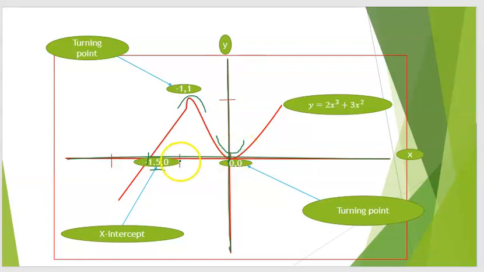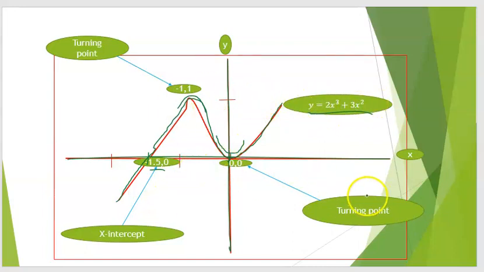So what you do now, you take your pen or pencil with a steady hand and a smooth line, pass it through the x-intercept, let it go through the turning point, bring it back to the other turning point, and take it up again that way. So you see the curve that is coming out is a cubic curve, and indeed the question had a cubic curve, that is y equals 2x cubed plus 3x squared.